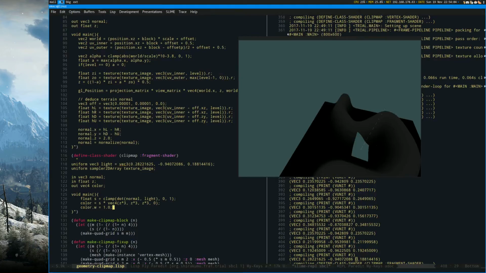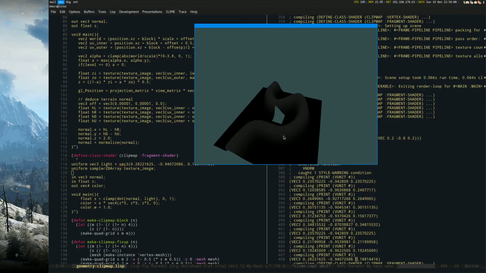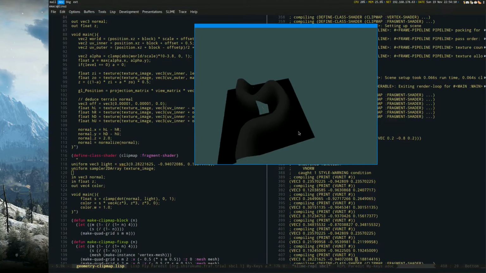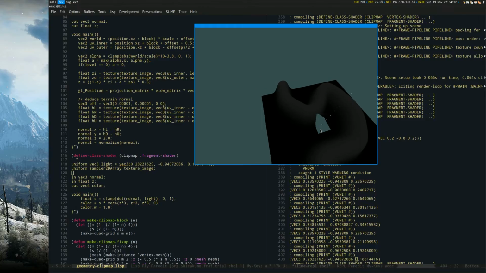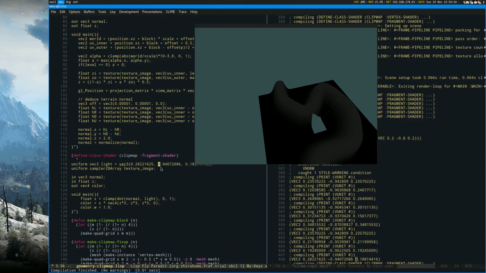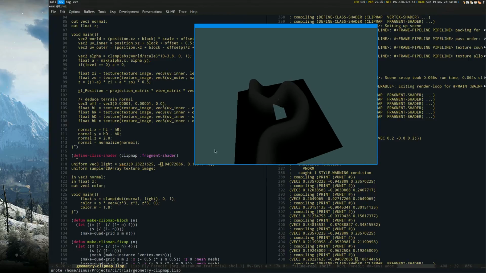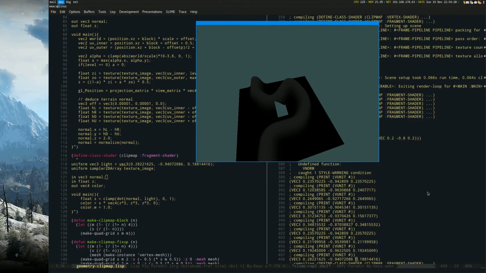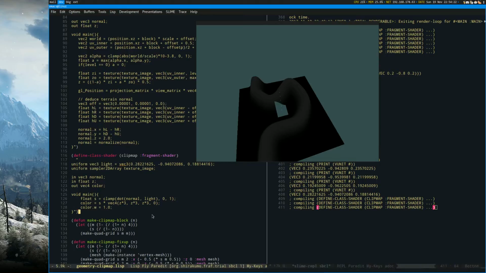I don't really see that happening, but maybe my light direction isn't great. I don't actually know. That doesn't change anything, apparently. Let me have a more extreme example.